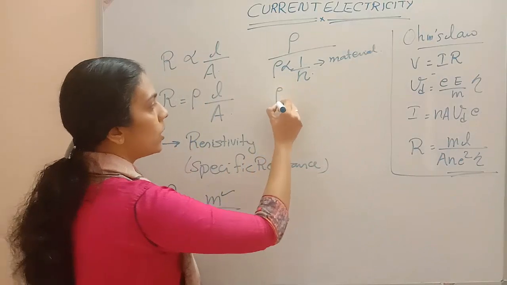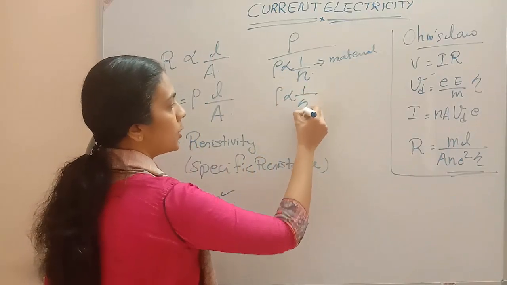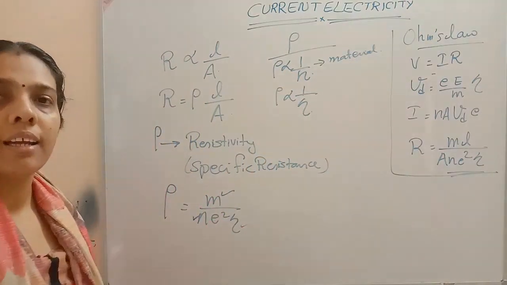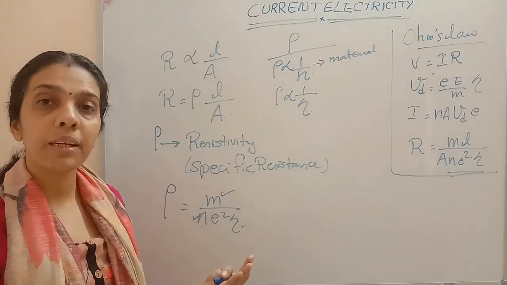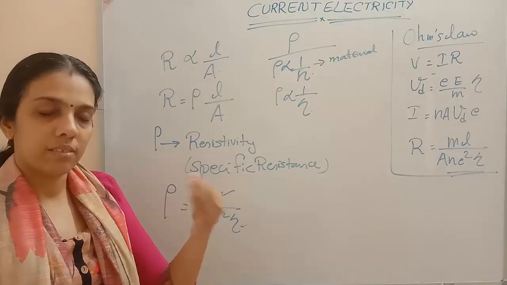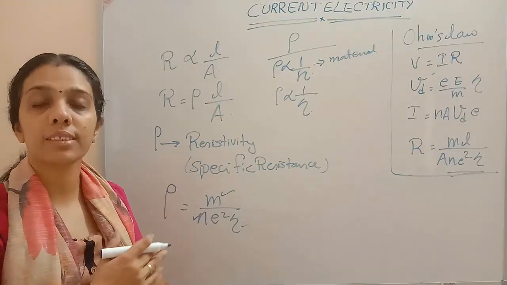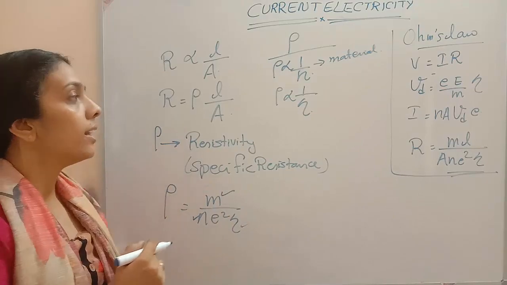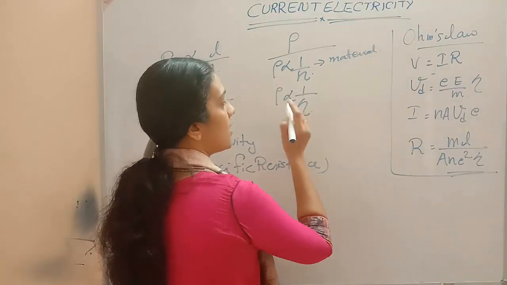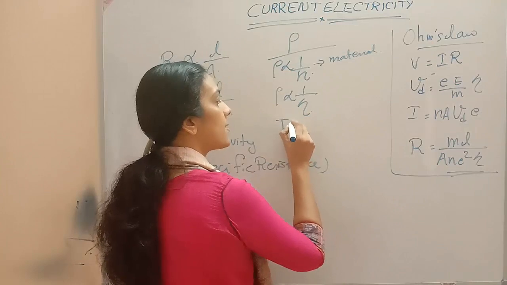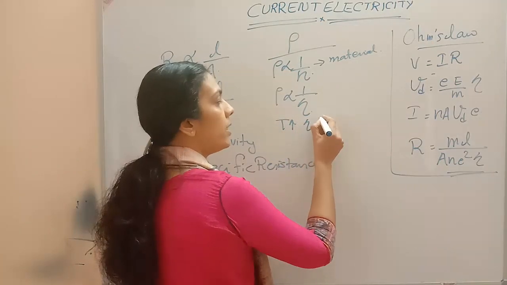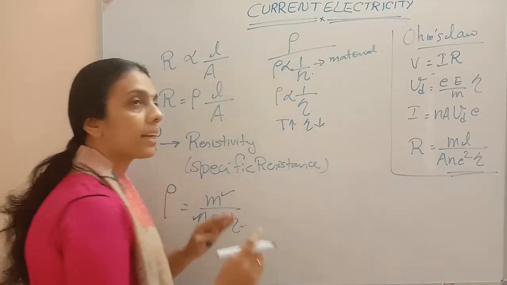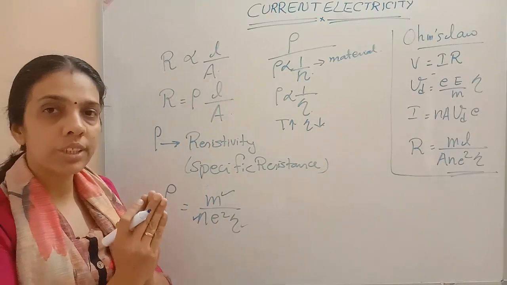Next, rho is inversely proportional to relaxation time. Relaxation time is the time gap between two successive collisions. That means as temperature increases, what will happen? Tau will decrease; the time between two successive collisions decreases.